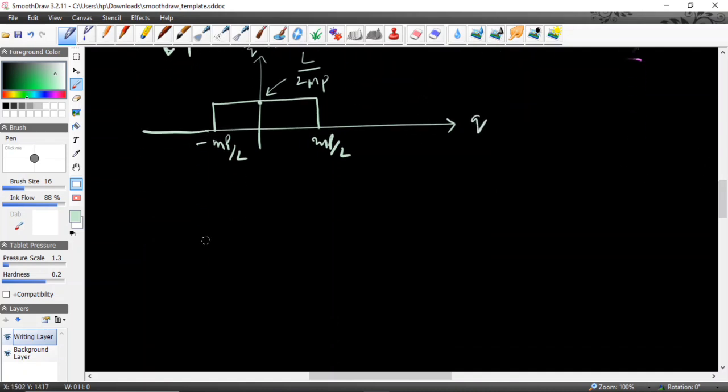So if you find the mean square value of this, you will get the integral from minus MP by L to MP by L of q square p Q of q into dq.